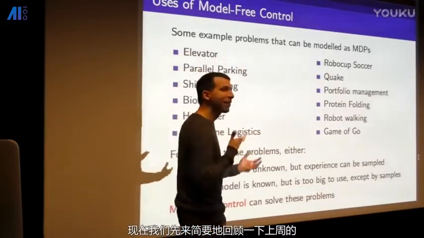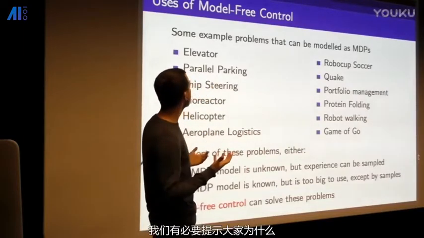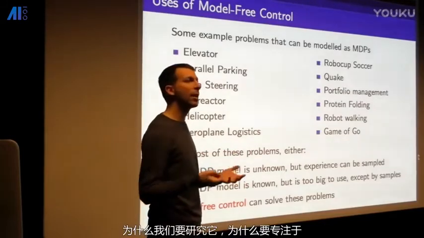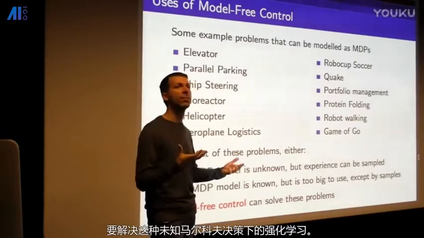Just to get you back in the flavor, I know we've had a week off, reading week, so I think it's helpful to get a reminder of why this is interesting. Why should we care about this particular problem of unknown MDP reinforcement learning?